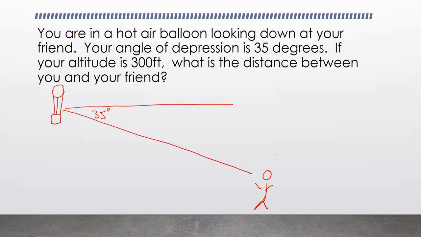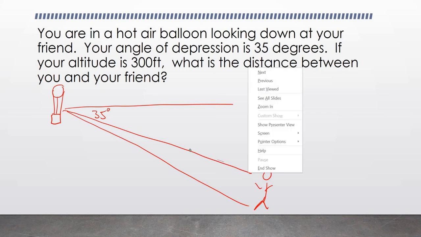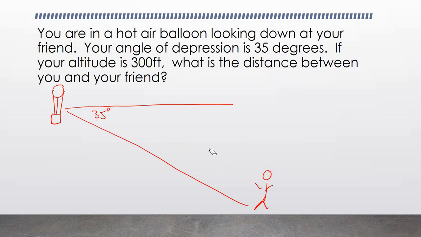I'm going to say we're looking down at his feet because they didn't tell us how tall this person was. If your altitude, which would be this distance, is 300 feet, the question is, how far away are you from your friend?